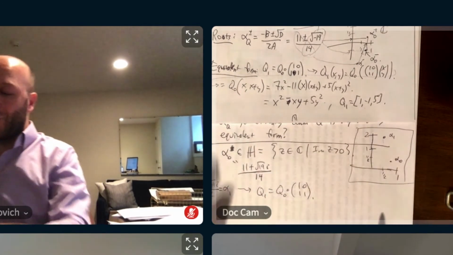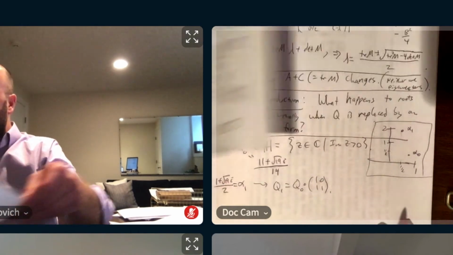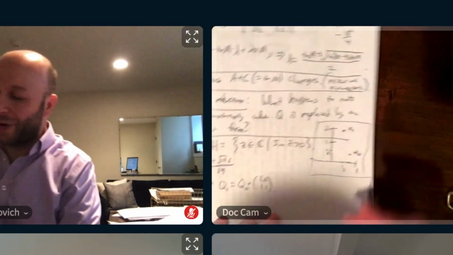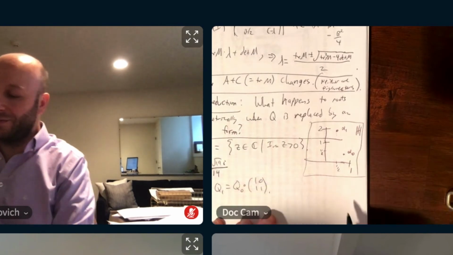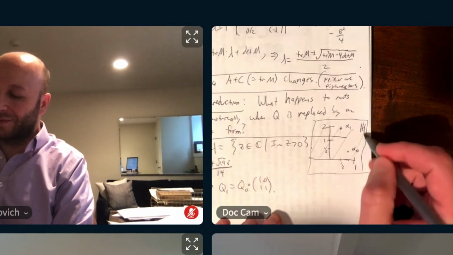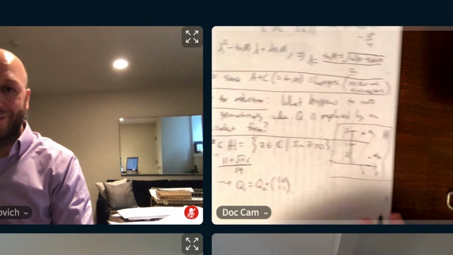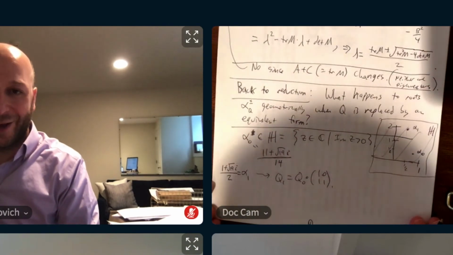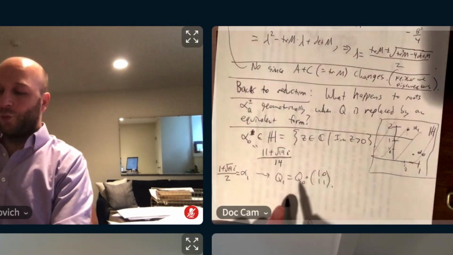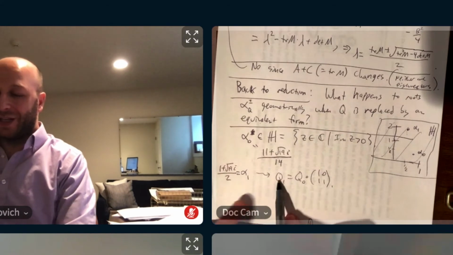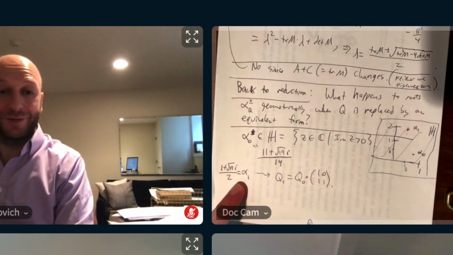Should we have known from the beginning where alpha 1 would wind up? So this is the upper half plane, imaginary part bigger than 0. I want to understand the action on quadratic forms as an action on the roots.